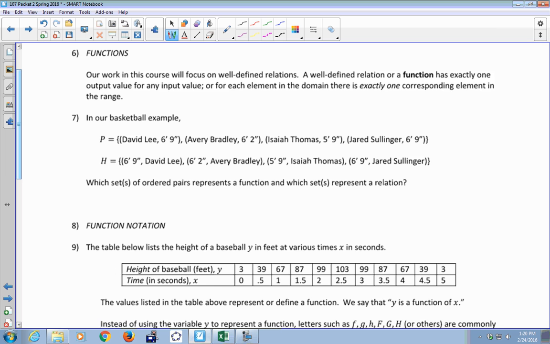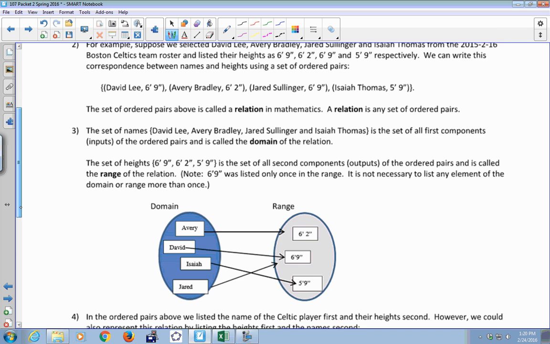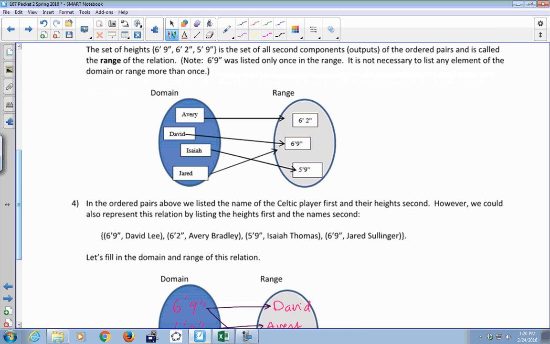That is a great question. Great question. So if we go back to the first way we defined it, where we look at the names as the domain and the heights as the range, what makes it well defined is that each name has 1 height, right? It doesn't matter that there are 2 names that go to the same height. Just think of it as if I give you a name from the domain, can you tell me their height unequivocally, right?